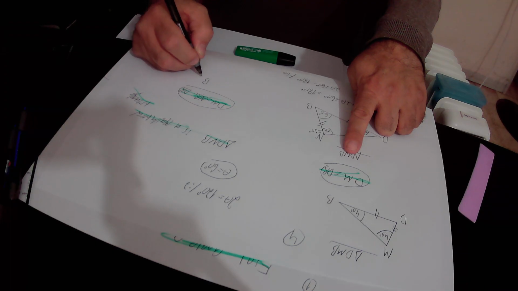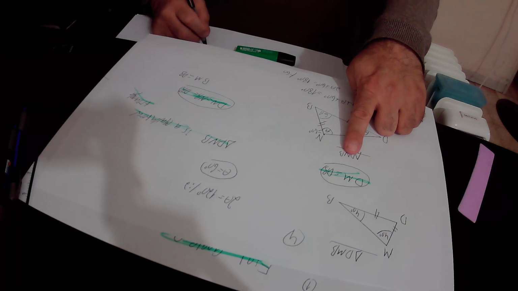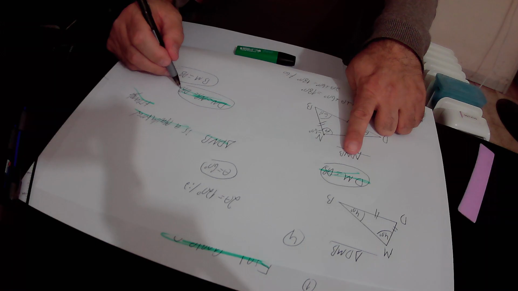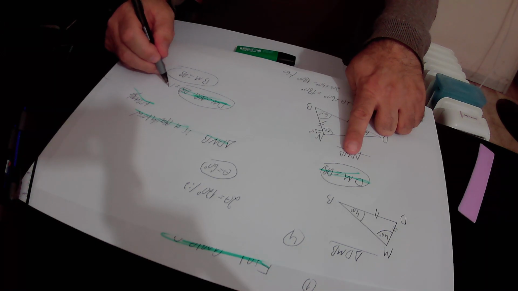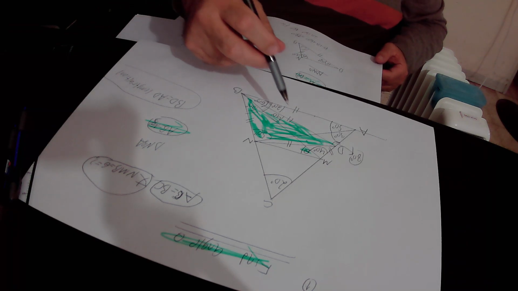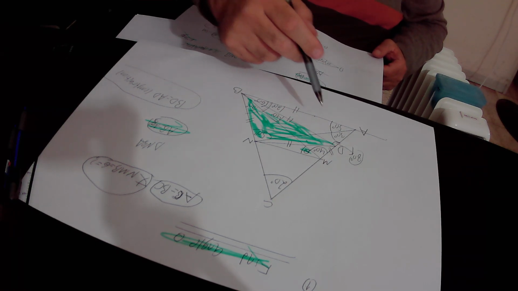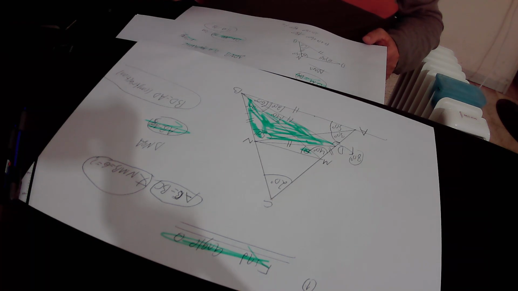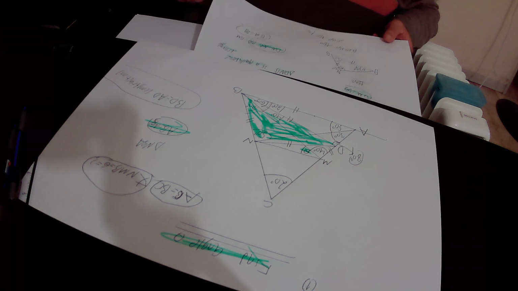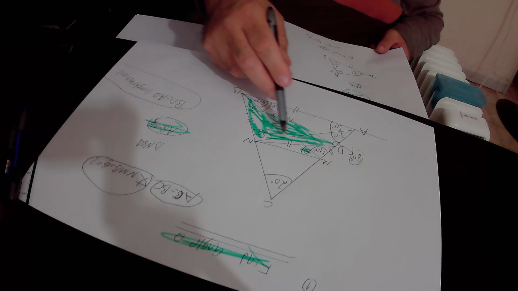DM equals DB. If DB equals BM, then we get that DB equals BM, and here DM equals DB, but DM equals DB from one side, but DB also equals DN, because it is an equilateral triangle.